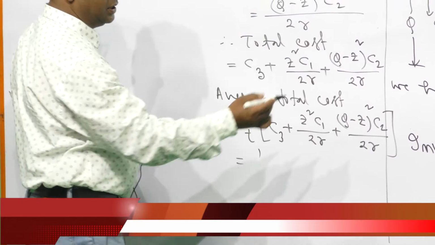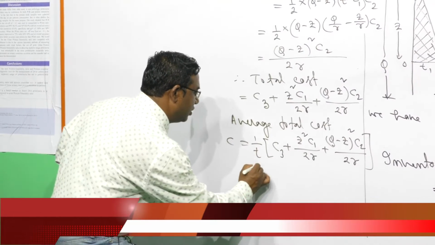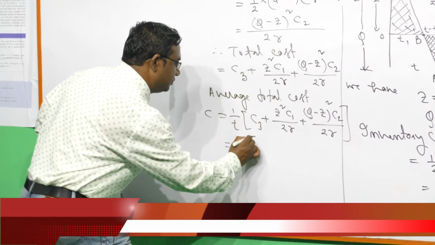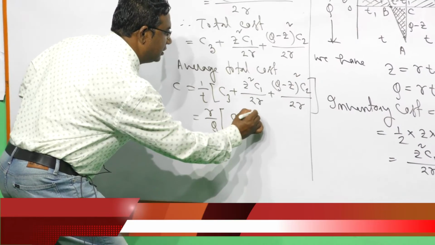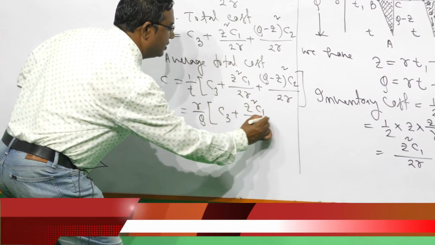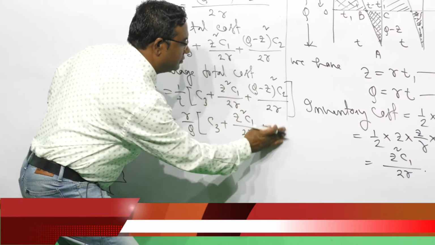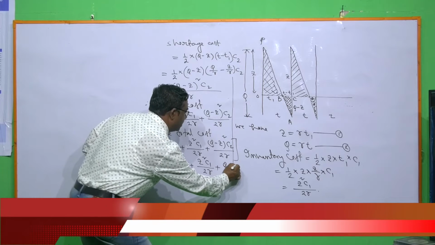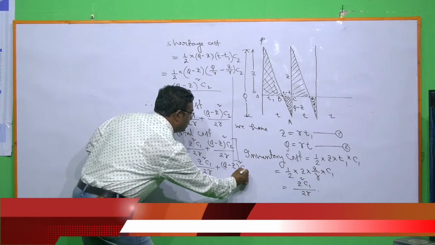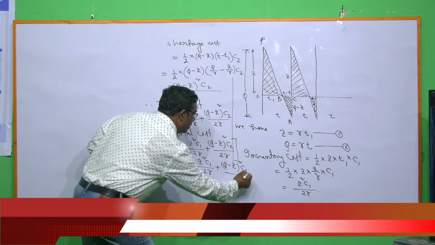Then the value of T is Q by R, so 1 by T means R by Q, times C3 plus Z square C1 by 2R plus Q minus Z whole square C2 by 2R.